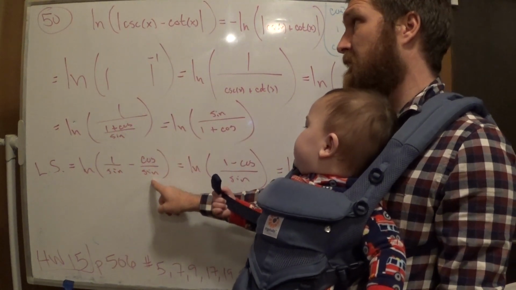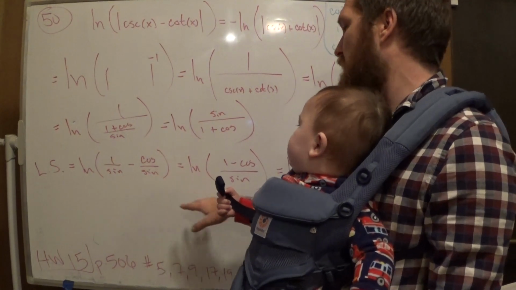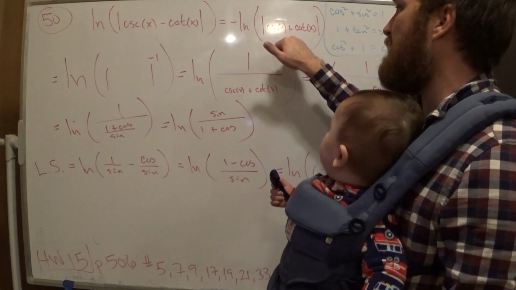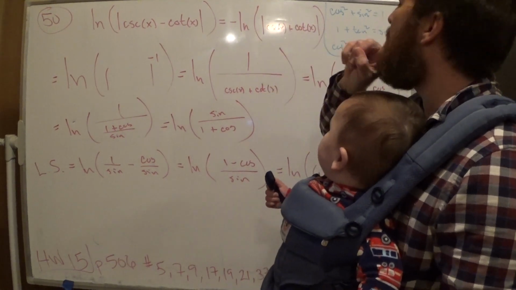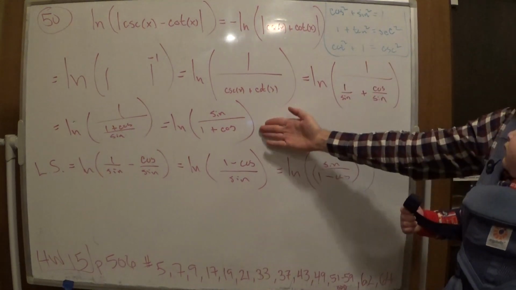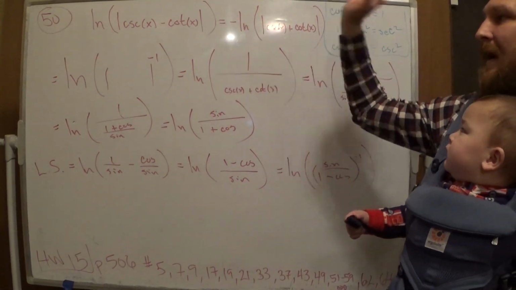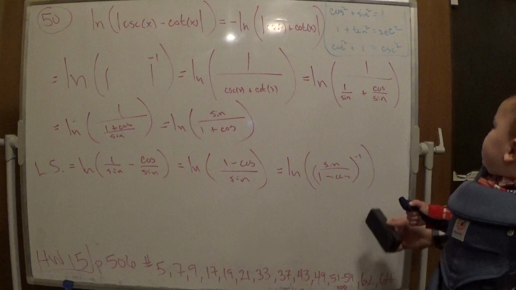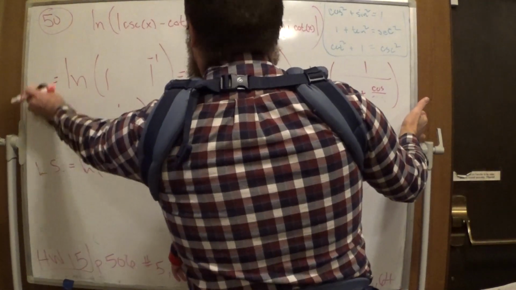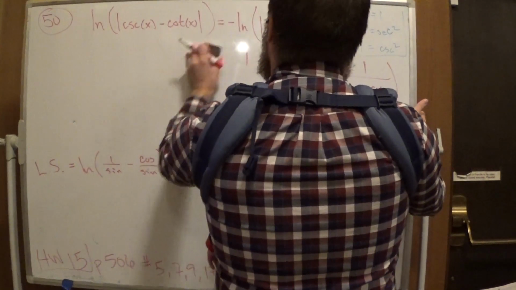Did I do that right? Yeah, which is equal to that. Negative of that stuff. Maybe let's leave that negative out for now. I'm not exactly sure, but let's try this now.